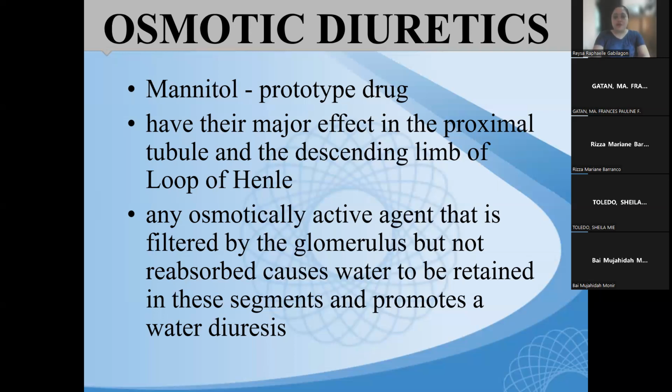But take note, as I'm waiting for your answer of what osmosis is, the part ng nephron where the osmotic diuretics act is the proximal convoluted tubule and at the same time the descending limb of the loop of Henle. So proximal convoluted tubule connected to the first part of the loop of Henle, that's the descending limb pababa. That is where the osmotic diuretics act.